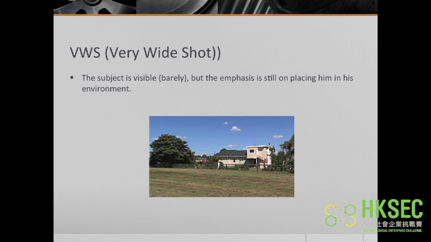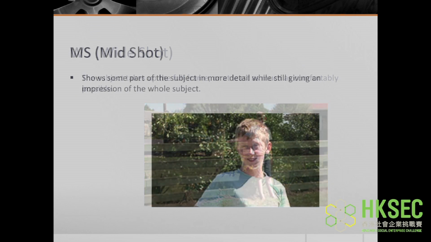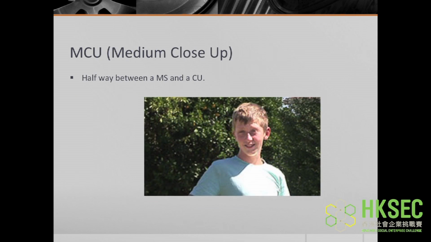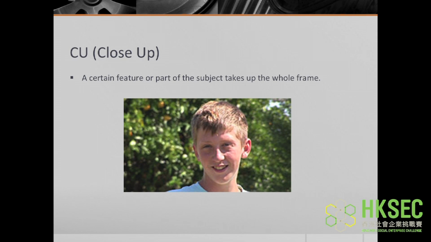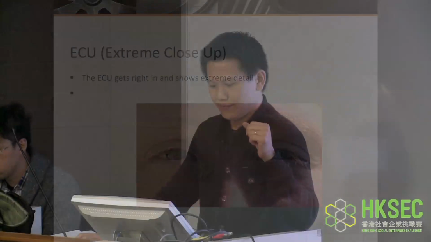Extreme wide shot, very wide shot, wide shot. Wide shot is basically an overview of the whole thing. For the medium shots, the mid shot is much closer. Then medium close-up and close-up. Close-up focuses on a part of the object. You can use the extreme close-up if necessary.